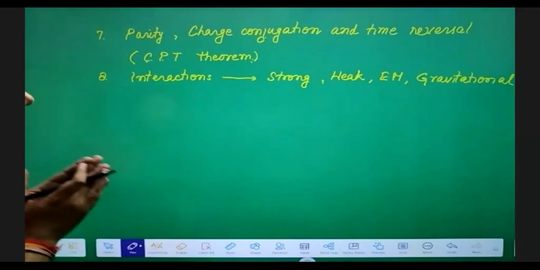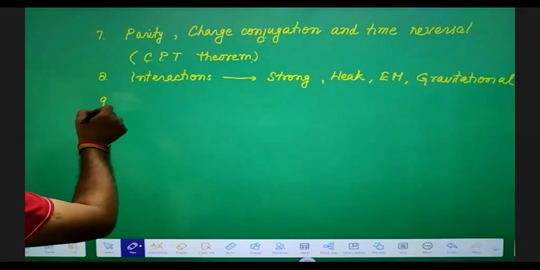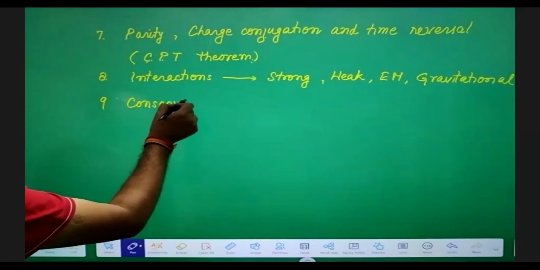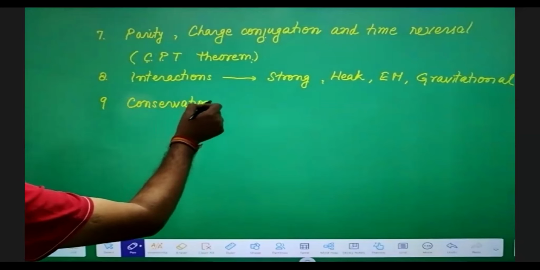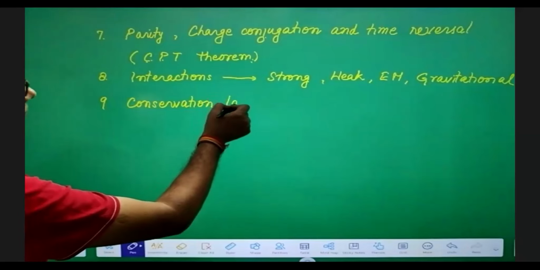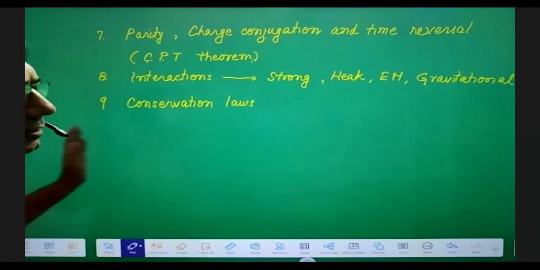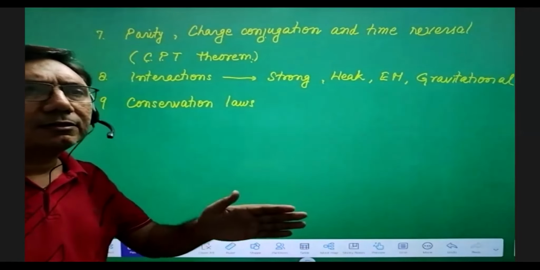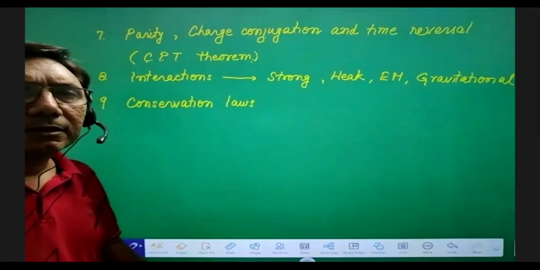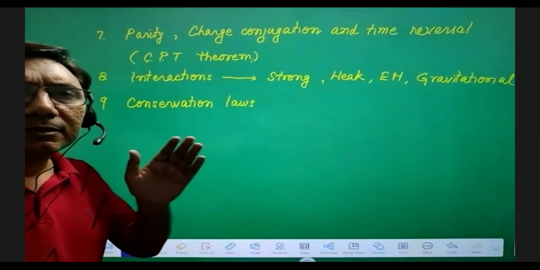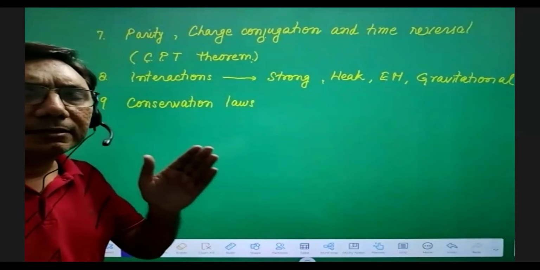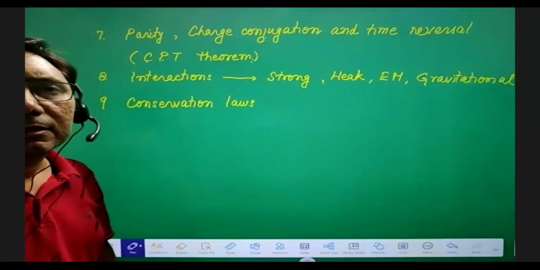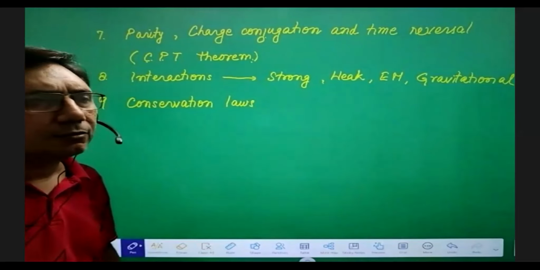For this, we need conservation laws. Different conservation laws are there: conservation of lepton number, baryon number, charge, spin, isospin, strangeness, parity, time reversal, charge conjugation, and I3, the third component of the isospin.